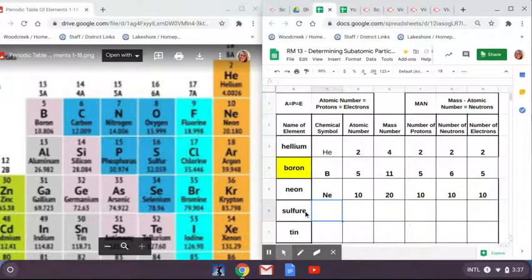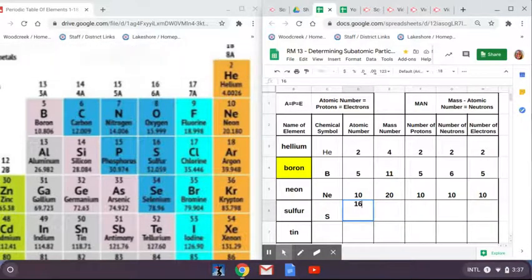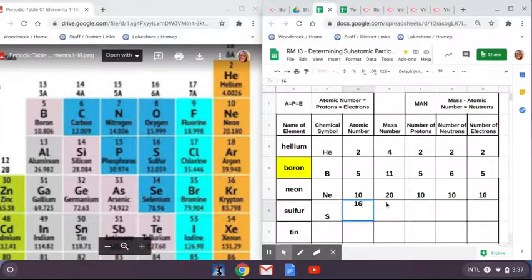Sulfur is a capital S, and it's right here in the same area. Its atomic number is 16, and its mass number is 32. Because its atomic number is 16, I have 16 protons and 16 electrons.